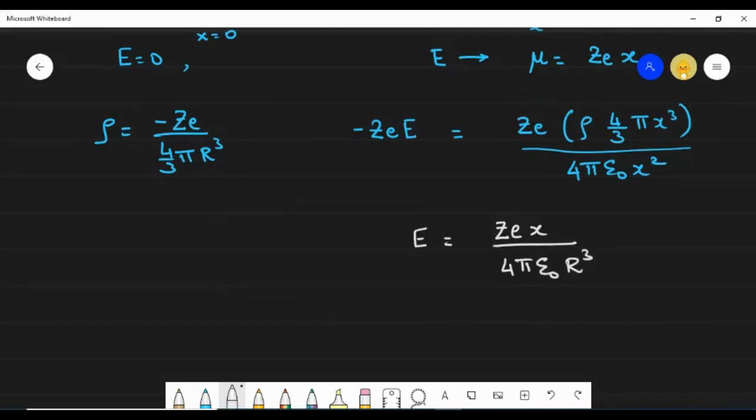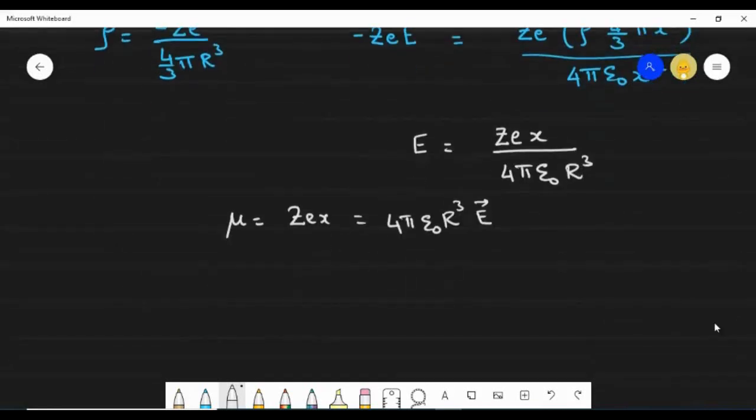Or in other words, the dipole moment mu is Zex, which is equal to 4 pi epsilon naught r cube E. From the definition of the dipole moment, mu equal to alpha E times E, we have alpha E, that is the electronic polarizability, equal to 4 pi epsilon naught r cube.